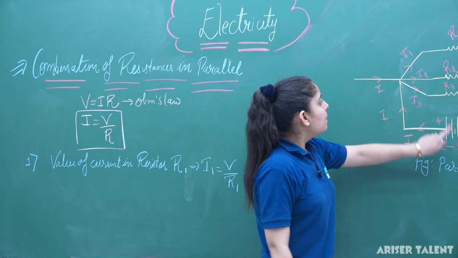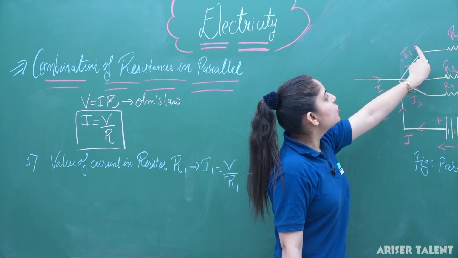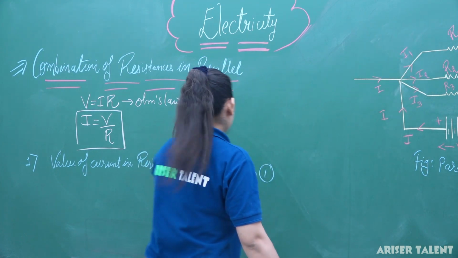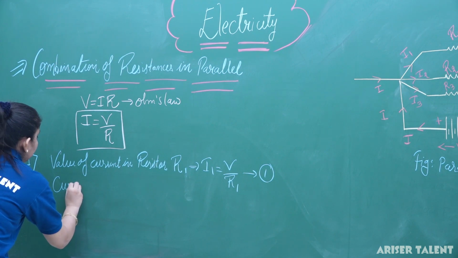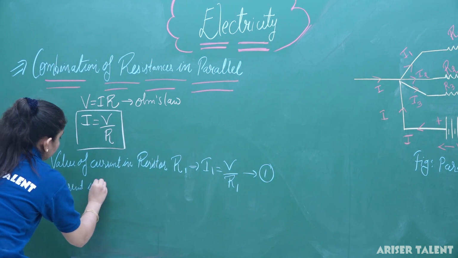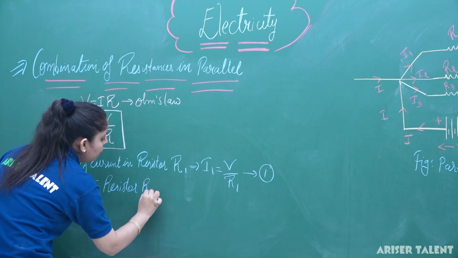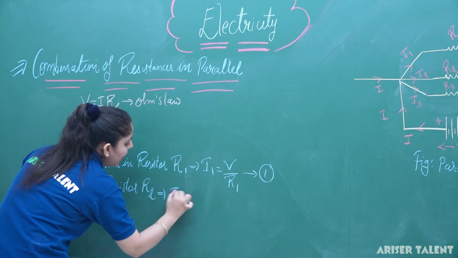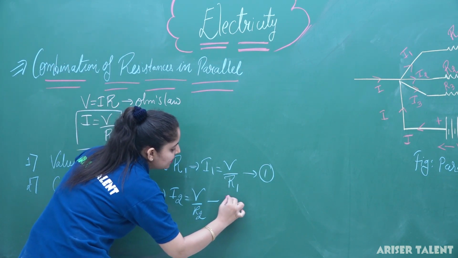Voltage is same, but in case of I1, which resistor is connected here? R1, so I1 equal to V upon R1. Similarly, current in resistor 2, what will be the value of current in resistor 2? It came out to be I2 equal to V upon R2. This is our equation number 2.